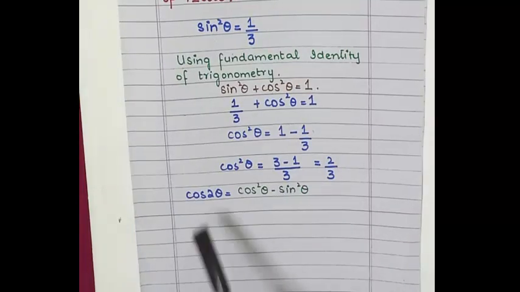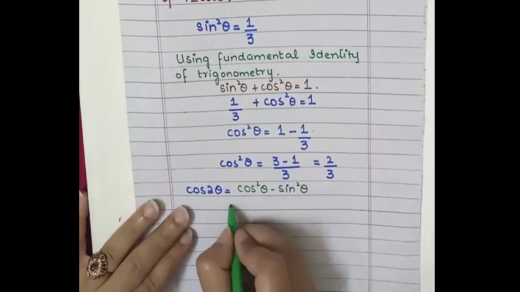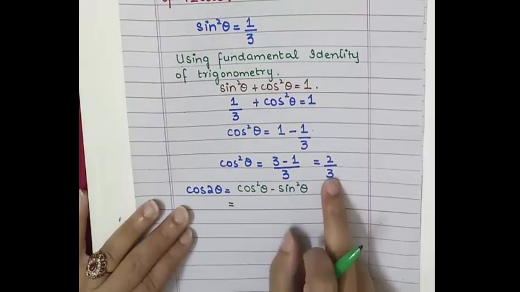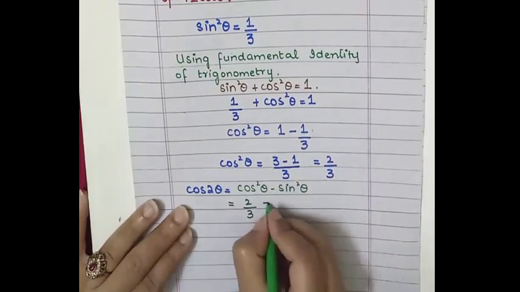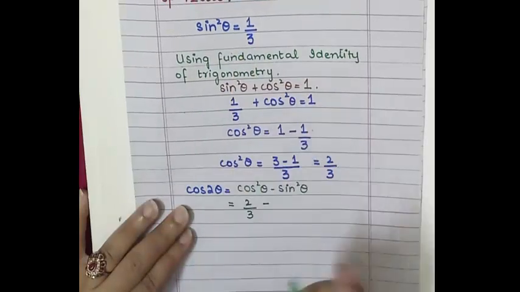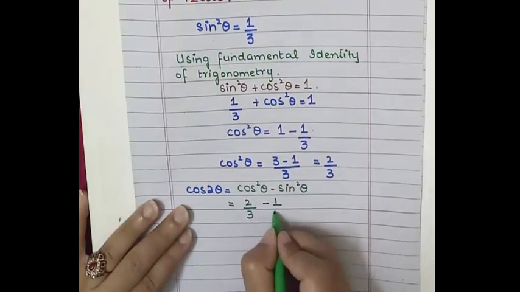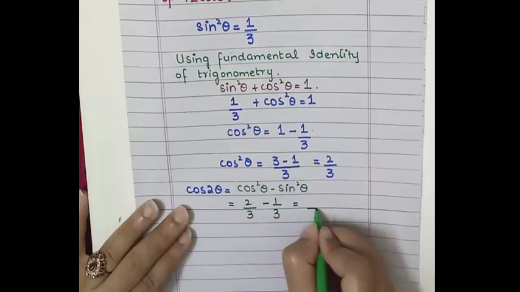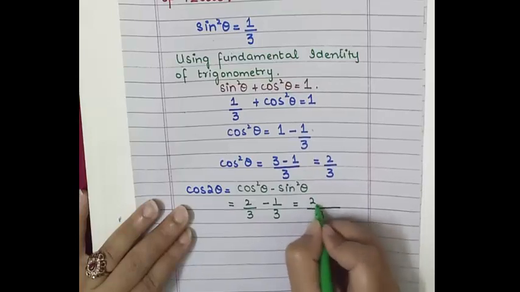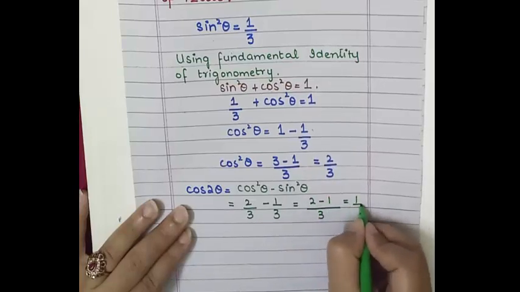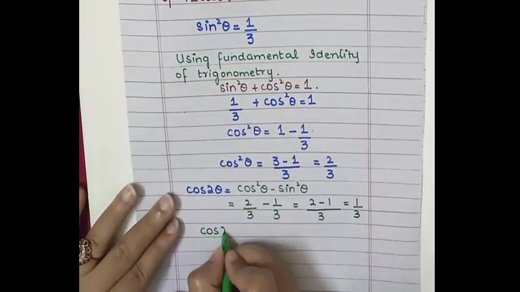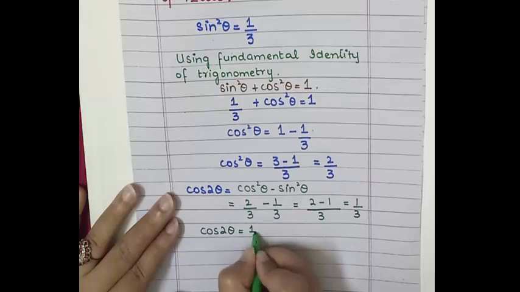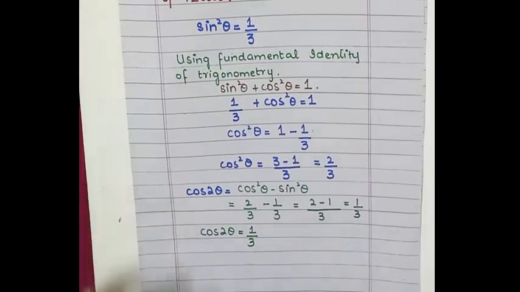First find the value of cos 2 theta. This is equal to cos square theta, 2 over 3, minus sin square theta, 1 over 3. Taking the LCM and solving, we have 1 over 3. The value of cos 2 theta is equal to 1 over 3.